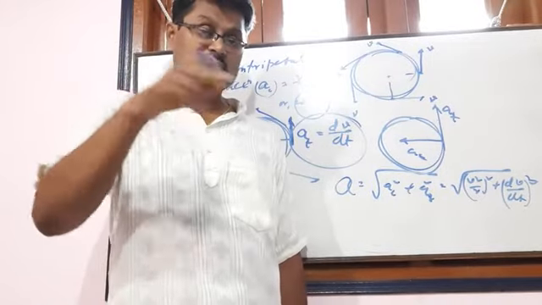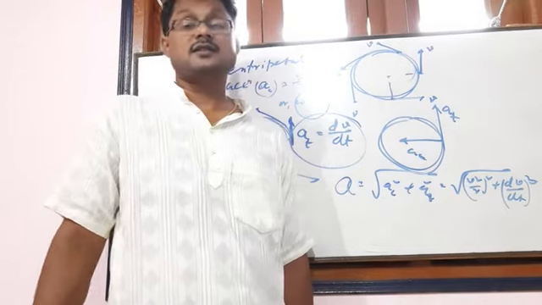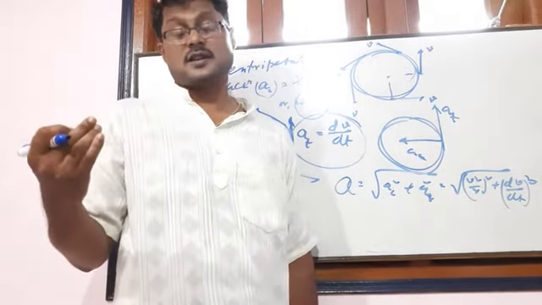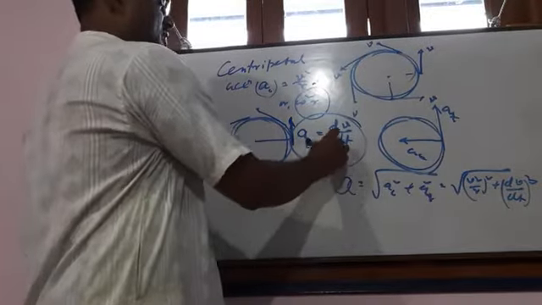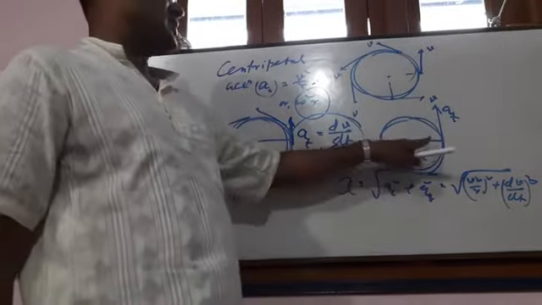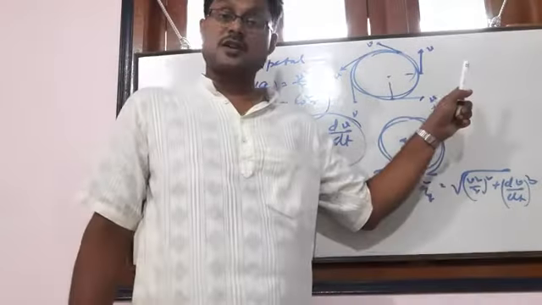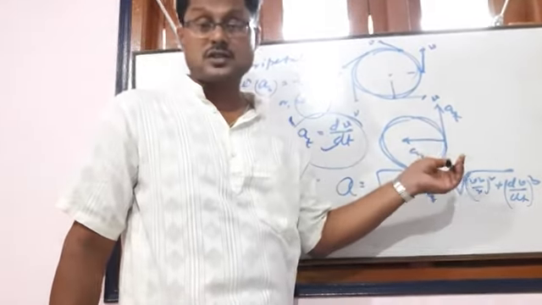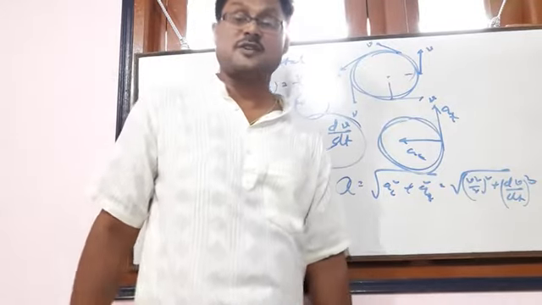But if the direction changes with time, then it is centripetal acceleration. Centripetal is always directed towards the center, and tangential always towards the tangent. These are perpendicular to each other, so the resultant acceleration will be root over a_c square plus a_T square.